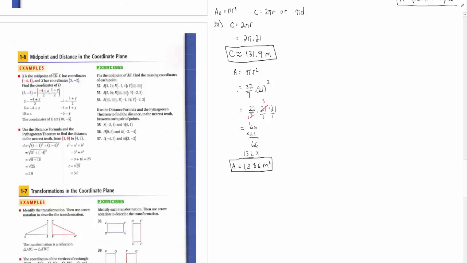Therefore, if I was going to do decimal equivalent, I do want to give you that answer so you can see it. You would just plug it into your calculator as 21 times 21, or you have a square button, you can do that. So that's 441, and we're going to multiply that by pi, and we're going to get 1385.